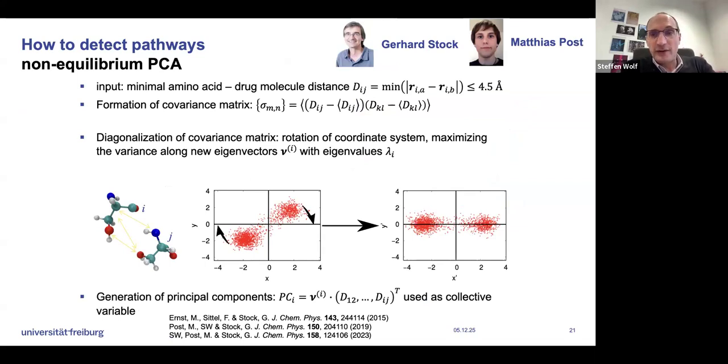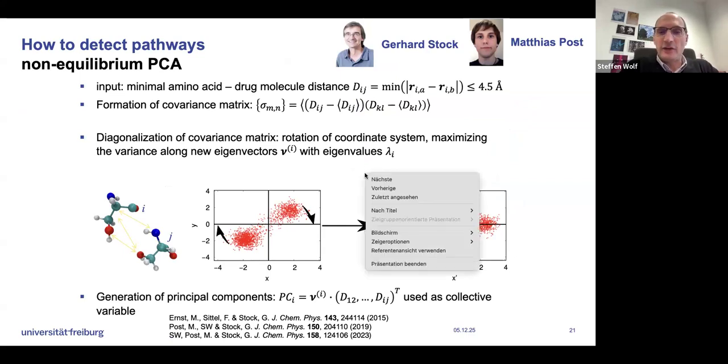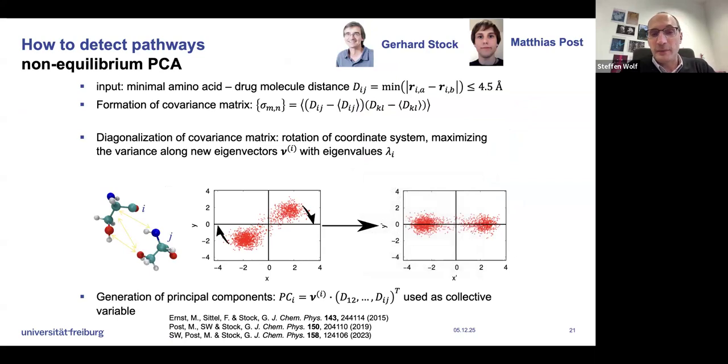focusing on internal coordinates within such a simulation. That would be minimal distances between any atom in a ligand and any atom in one specific amino acid. Calculating these distances between ligand and an amino acid over time, and then building a covariance matrix between all these distances and diagonalizing it.